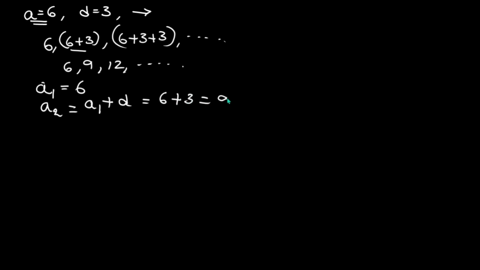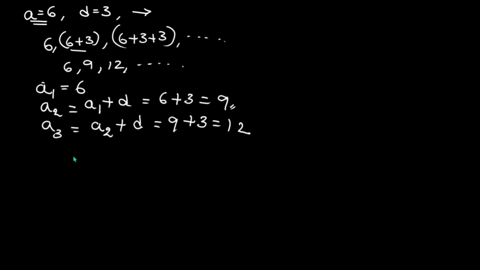So the A2 term is 9. How do you get the third term? The preceding number is A2 and the common difference is D, so A2 plus D. What is A2? It is 9, plus the common difference 3. So we get the third term.